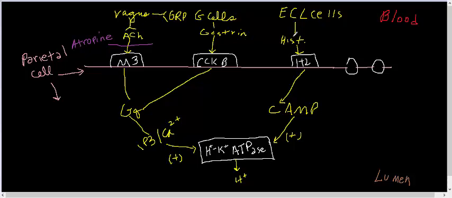Now, what about if we give the patient a different classification of medication called a histamine receptor antagonist? Now, this is an agent similar to Tagamet or cimetidine that you can purchase at the store.